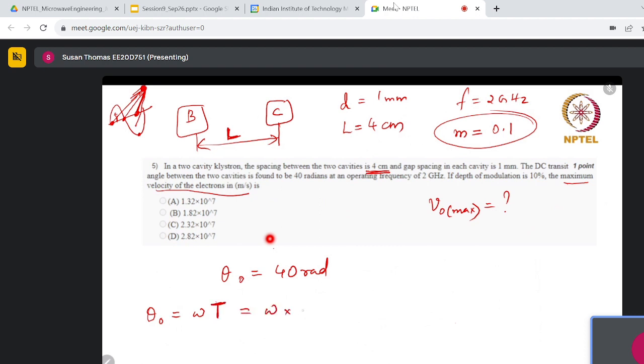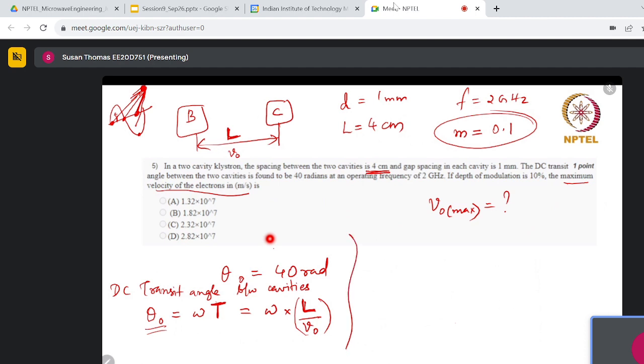Length divided by the velocity at which it is moving. So L by V naught will give me the time. So this is the DC transit angle between the cavities. Remember, we are taking the length of the cavity by velocity of electron, which gives me the time, and multiplying by omega, you will get the transit angle.